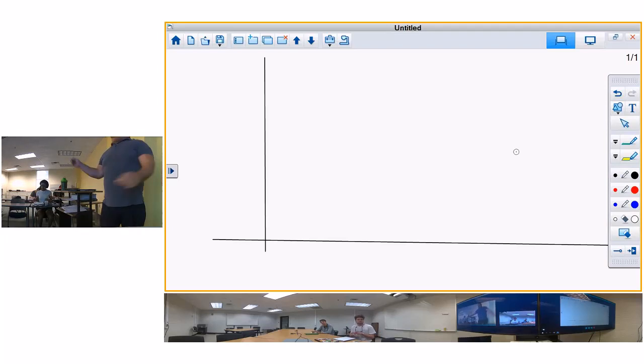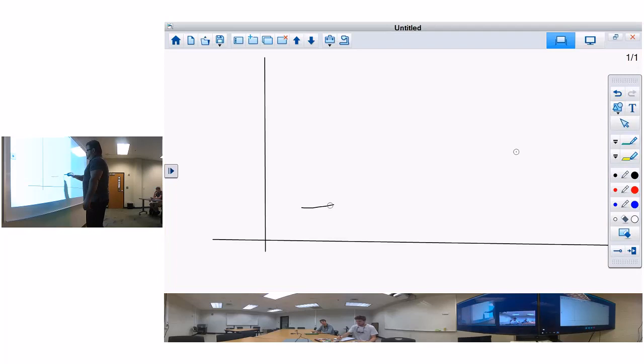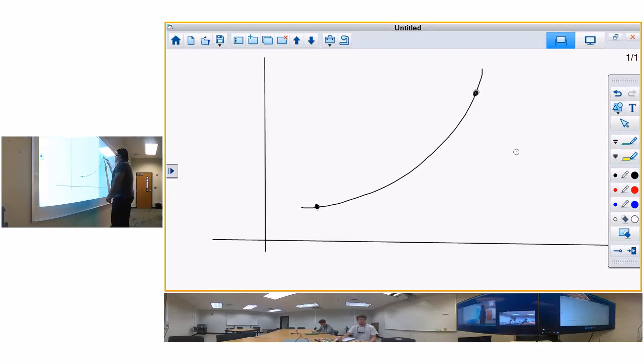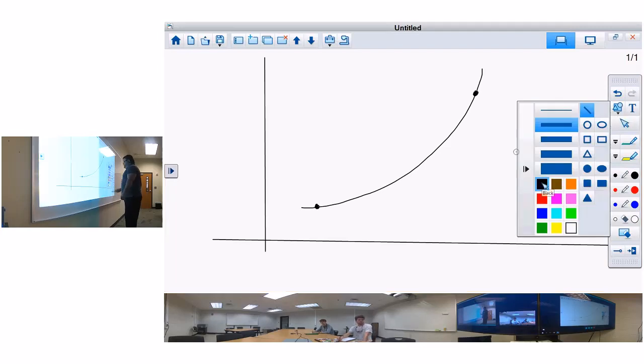I'm giving you a lot right here because I'm showing you the difference quotient, and I'm also showing you what you're going to be going over in your first unit of calculus.